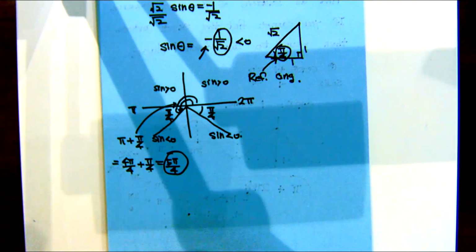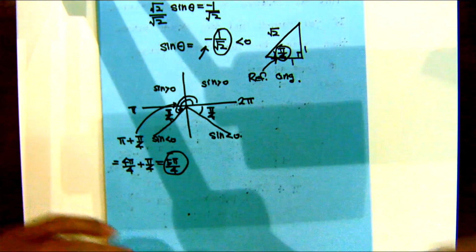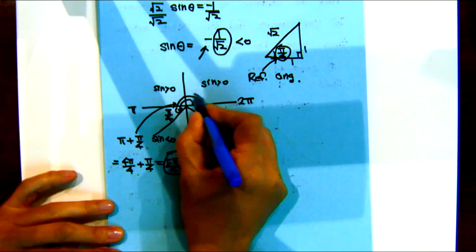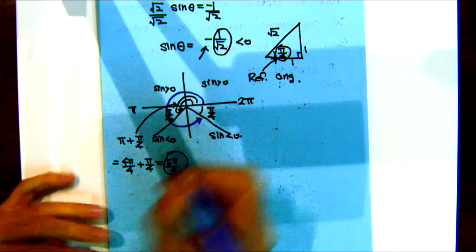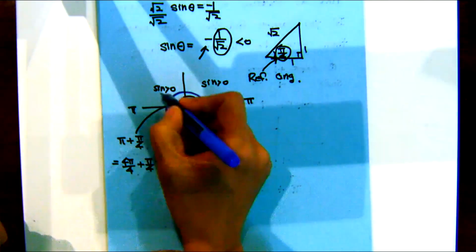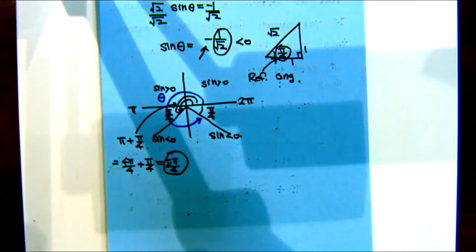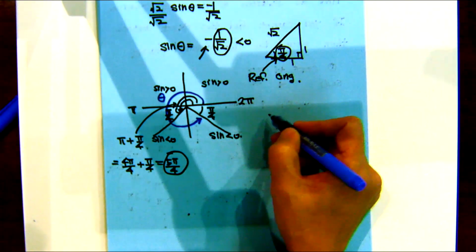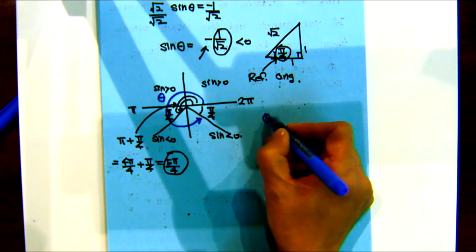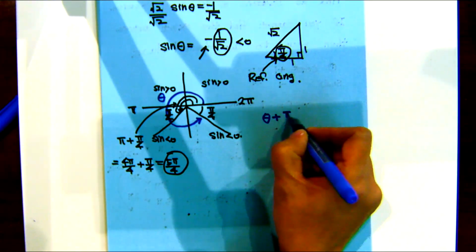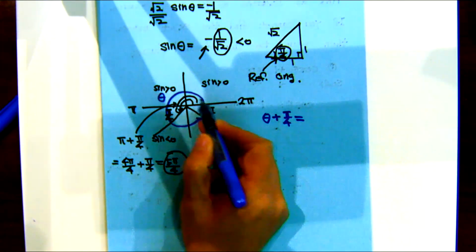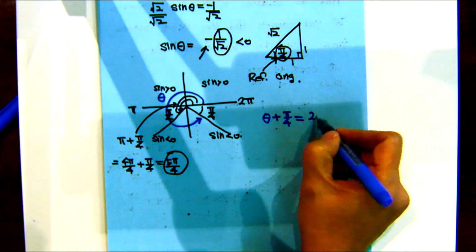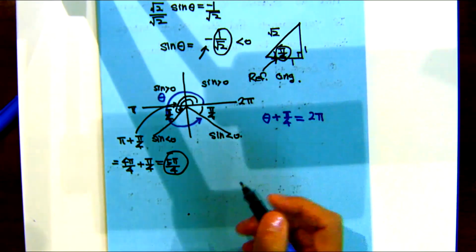And we want to think about this angle this time. So there was a question, so I think it is better to go through the equation. So when we think about theta plus pi over 4, when we add those 2 angles, it would be 2 pi, right?